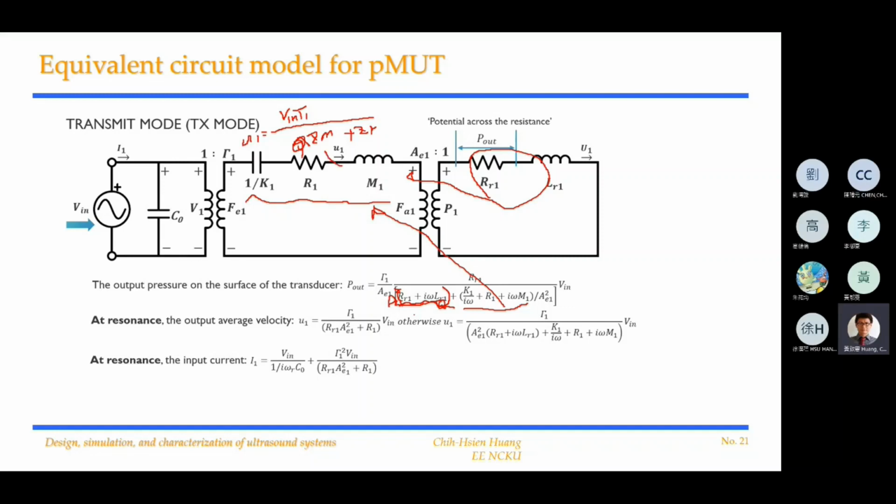Then we can get how large U1 is, and after U1 and the conversion value, the capital U1 here is equal to U1 divided by our AE1, right? So that's where this equation comes from.